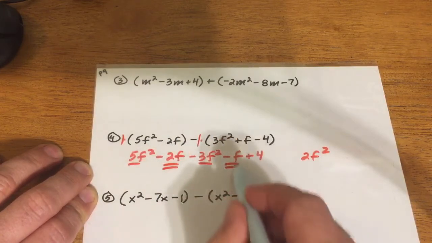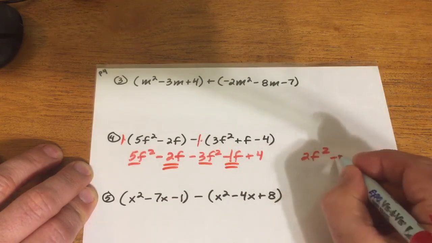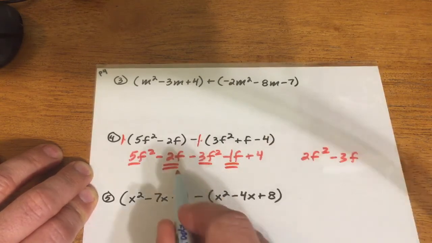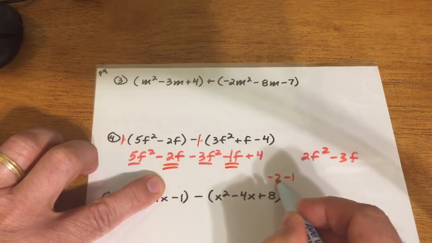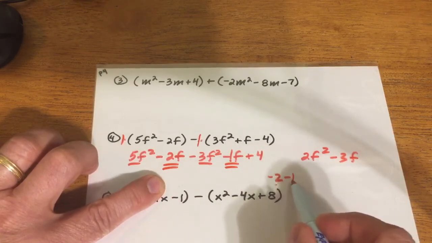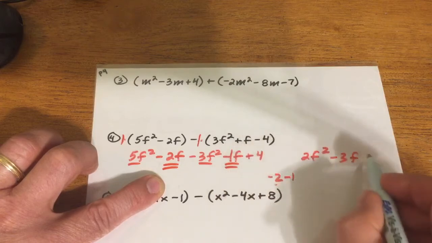Combining these right here together, we'll insert a 1. We have negative 2 minus 1, and so that will be a negative 3. By the way, when you're combining these two, you get negative 2 minus 1. If you have any concerns about negative 2 minus 1, you can always do that on your calculator. So you should never, ever get that wrong. And then plus 4 at the end.